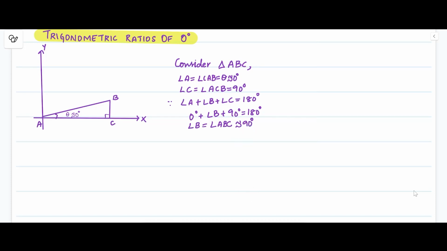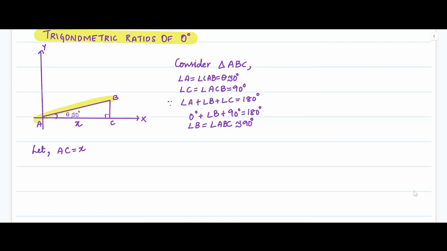So now in order to find the trigonometric ratios of the trigonometric functions, we need to know the sides of the triangle. So for that, first let us assume our side AC to be equal to the length of the x coordinate, because it is in the x-axis. It will be x. So now we can say that let AC is equal to x. And then our side AB is our hypotenuse side of the triangle.